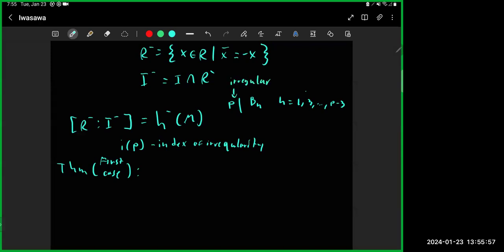And that means that it's regular if p never divides any such numerator of a Bernoulli number. So the index of irregularity is essentially the number of these Bernoulli numbers that are congruent to 0 mod p. And what does the first case of FLT say? Well, the first case of FLT says that if this index of irregularity grows more slowly than the square root of p minus 2, then FLT holds.